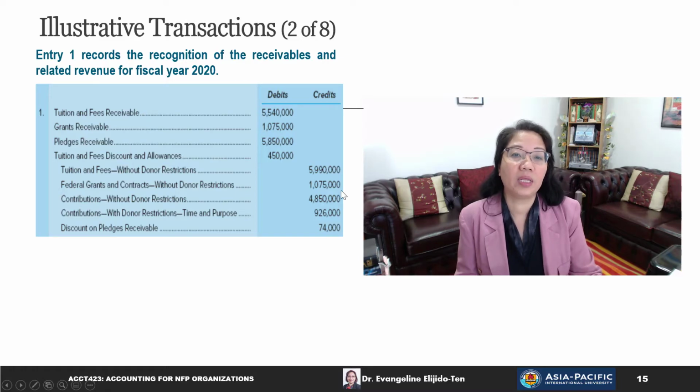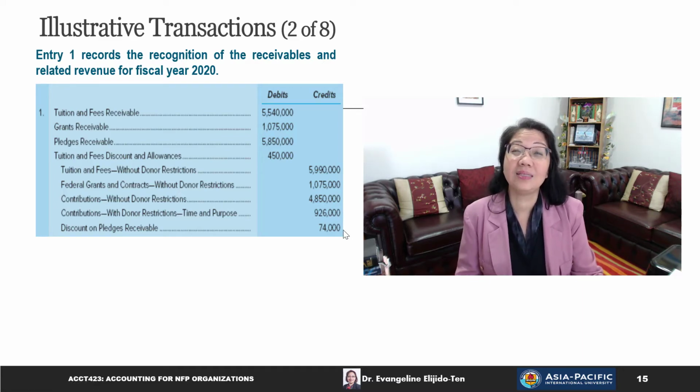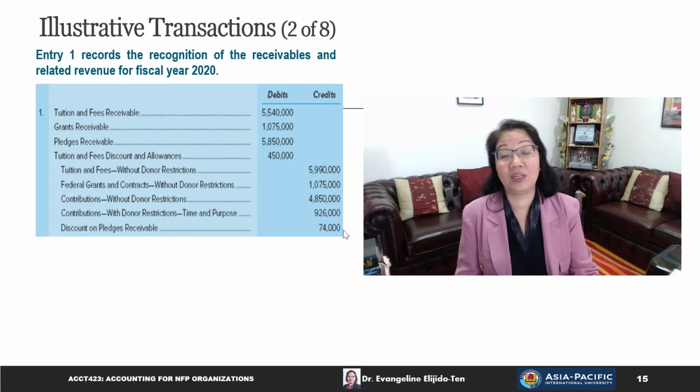We will also credit the federal grants and contracts without donor restrictions, as well as contribution without donor restrictions for $4,850,000 and contributions with donor restrictions as to time and purpose for $926,000, and the discount on pledges receivable would be the $74,000 that we have been given. So the total of $926,000 and the discount of $74,000 is, as given before, $1 million.